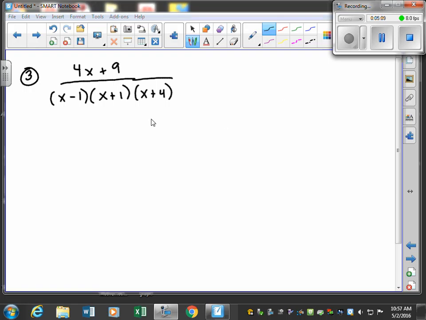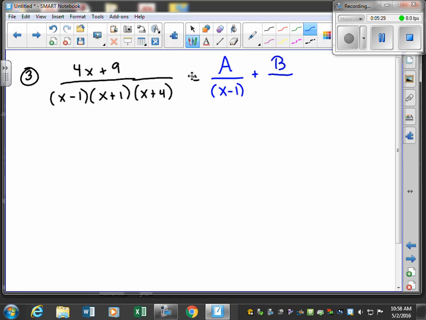Okay, our next example, we can clearly see that we have 3 linear factors in the bottom right there. So when we break this apart, I want you to be able to determine our, let me do it in a different color. So we'll have a over the first factor, x minus 1, plus we'll have b over x plus 1.